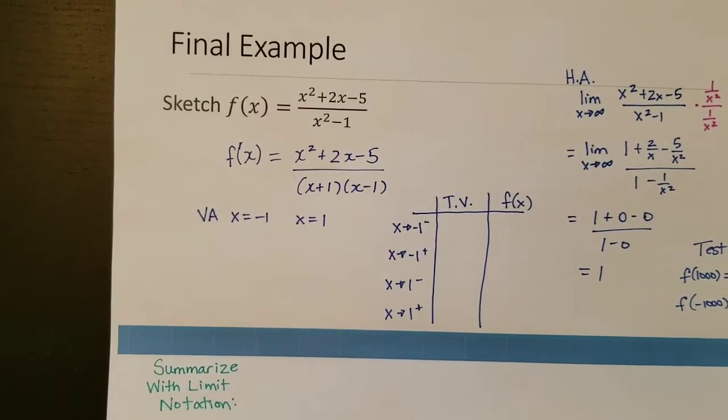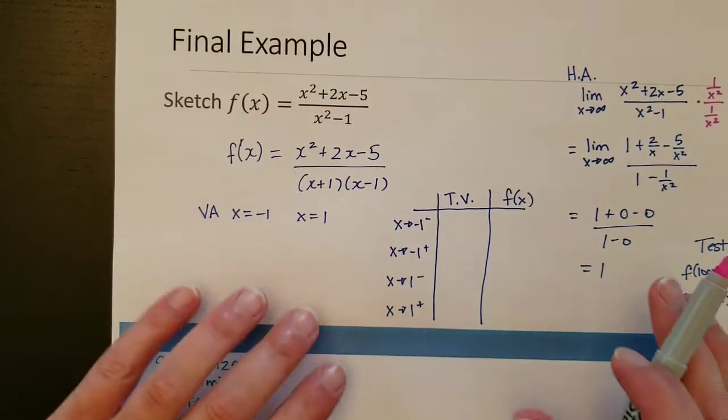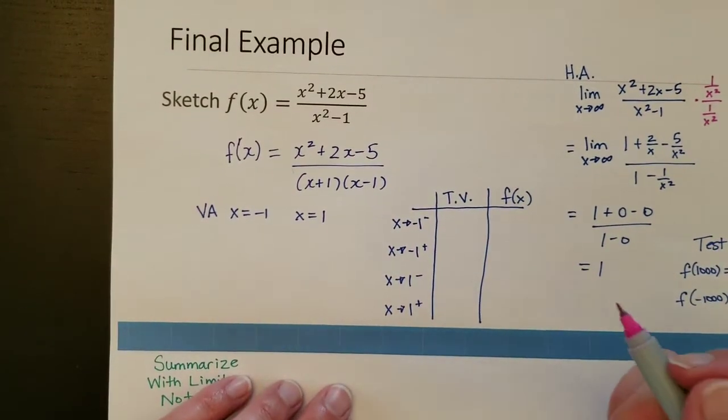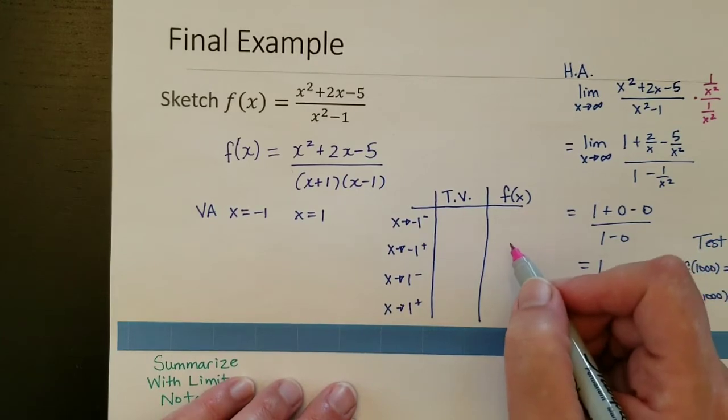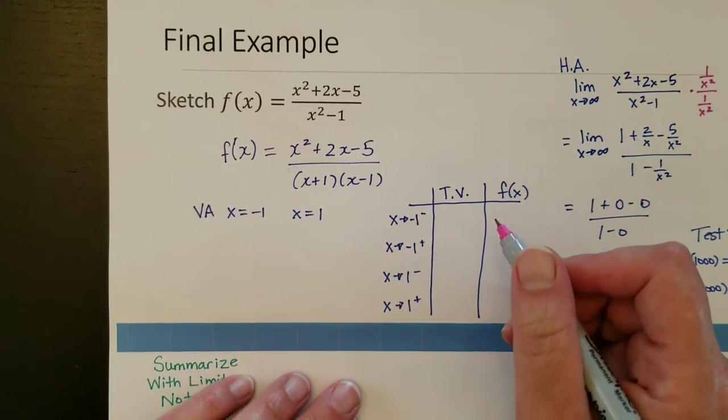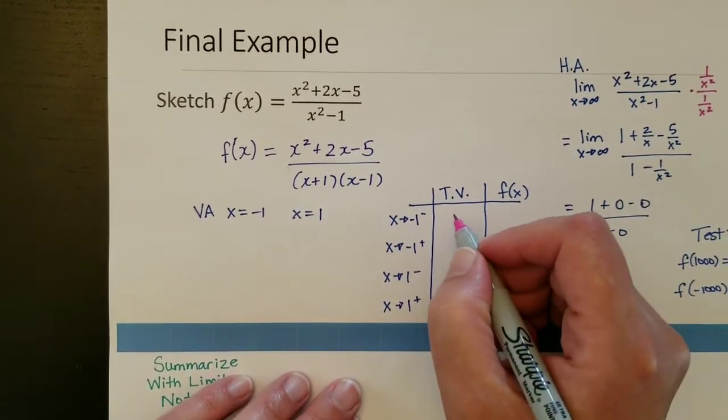In this case, I'm going to do a different kind of table showing how you could use test values instead of sign analysis to figure out whether this function is approaching negative or positive infinity around these points.